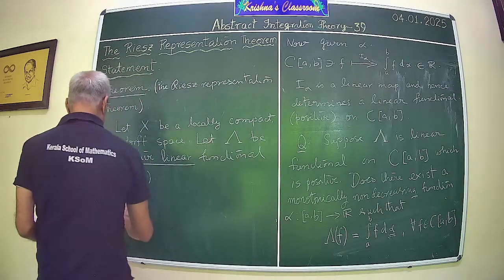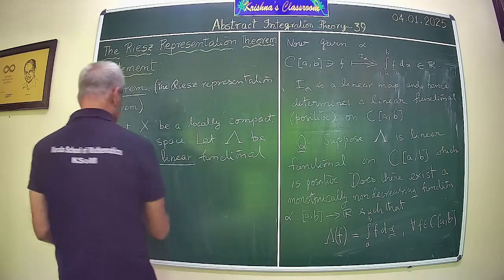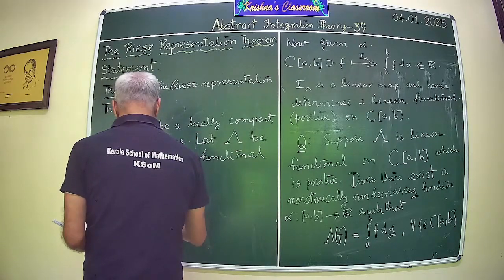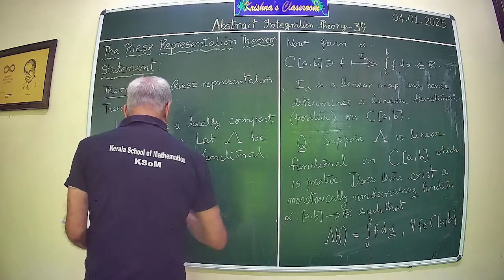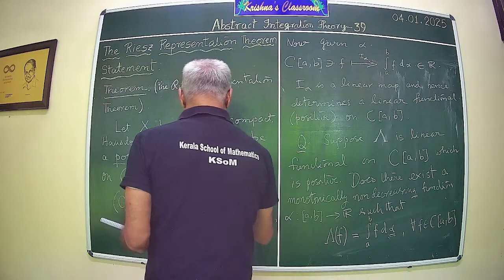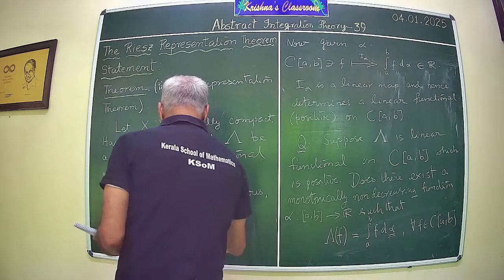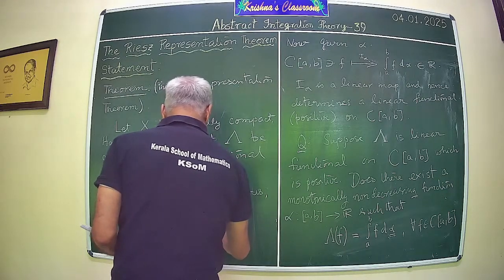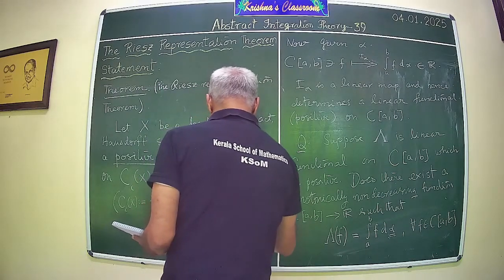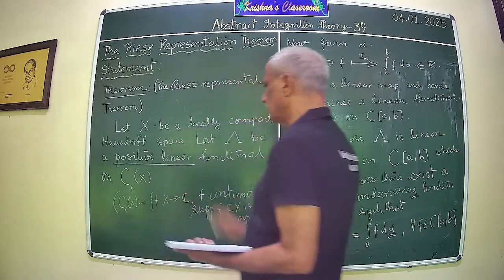One was continuous and support of f, this is C_c(X).